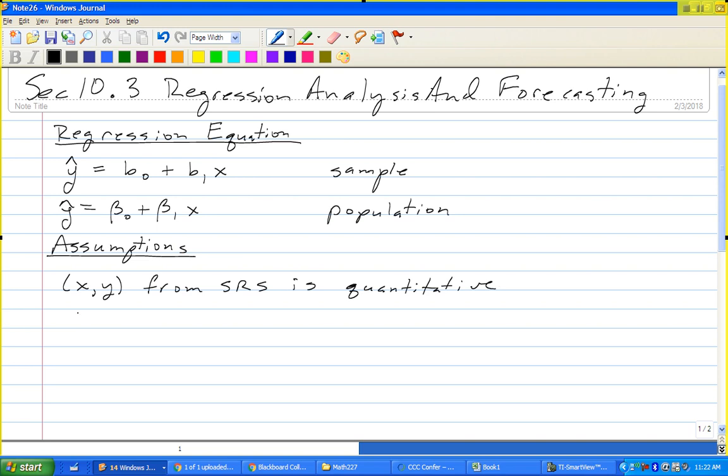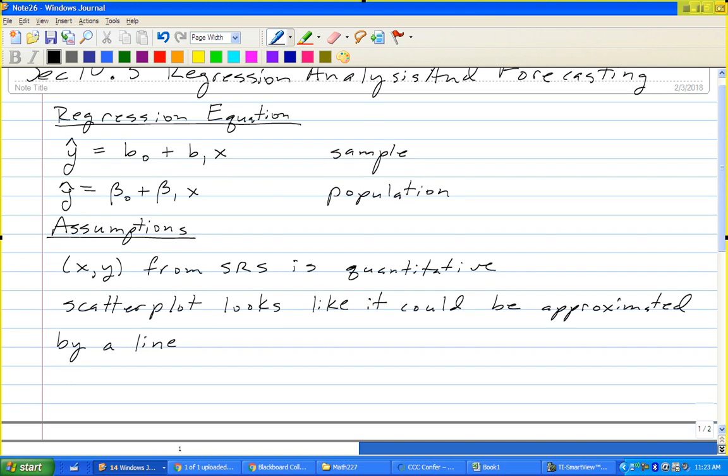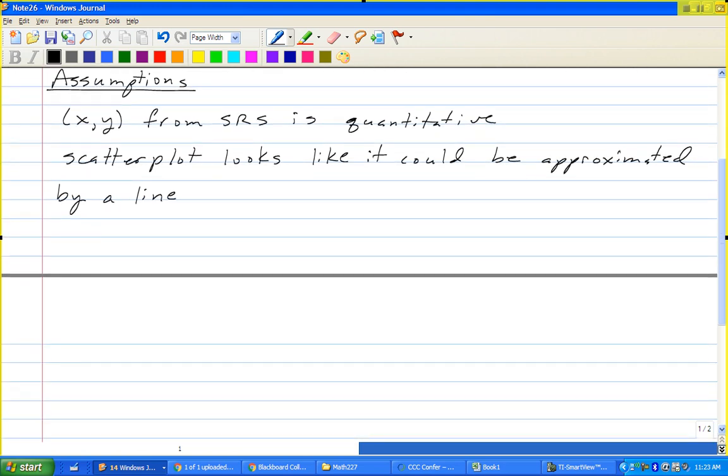That the scatter plot of this data looks like a line, looks like it could be approximated like that, and outliers that are suspect are discarded.